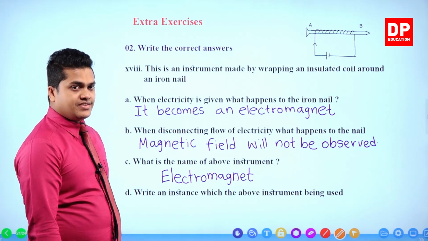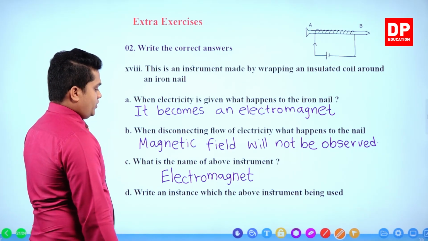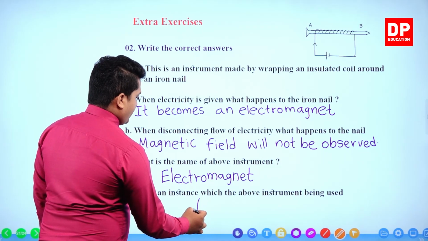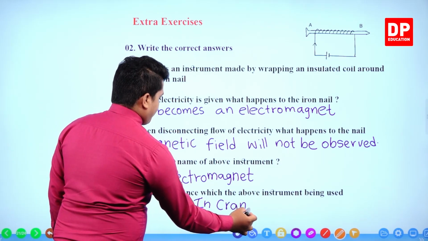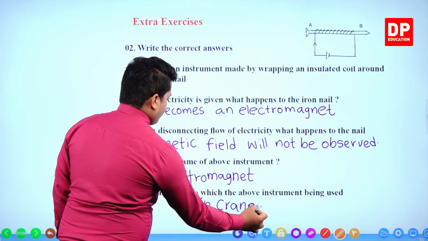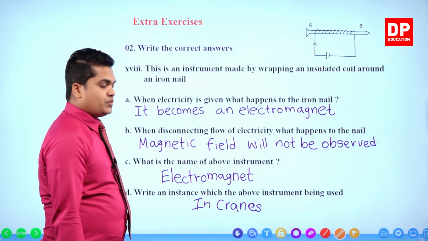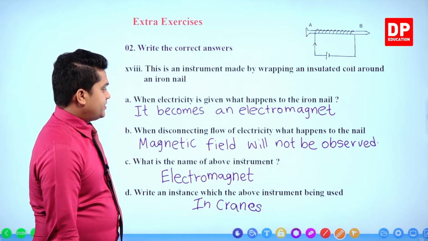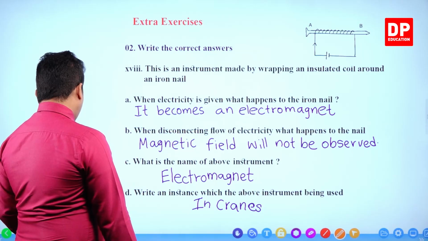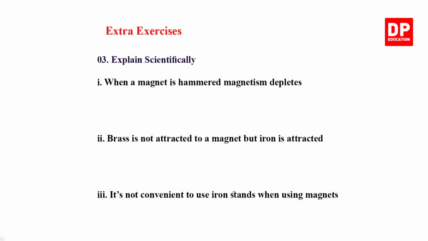We have to write down an instance. We use electromagnets in cranes. Right. So we'll move on with the next question.